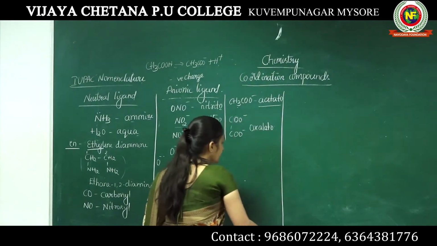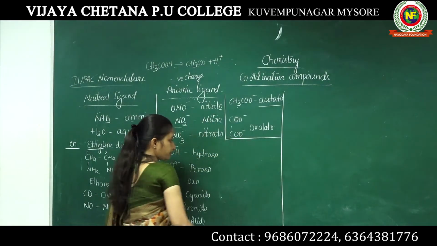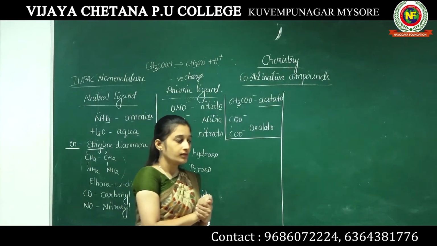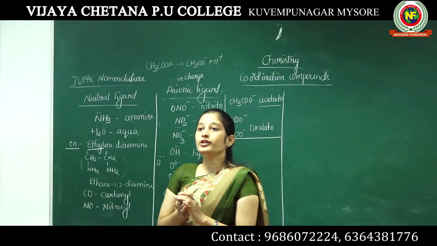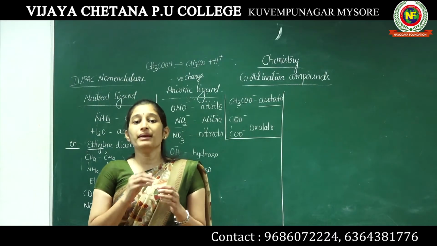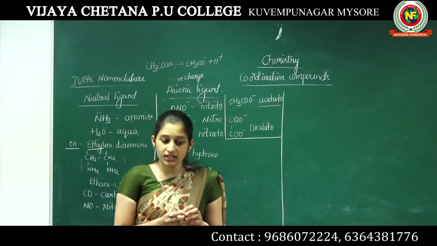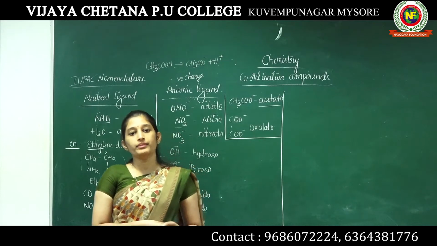And the next one. Now, okay, let it be. In coordination compounds, we are going to classify based on the charge. What charge? If the coordination sphere is carrying positive charge, that is a cationic complex.